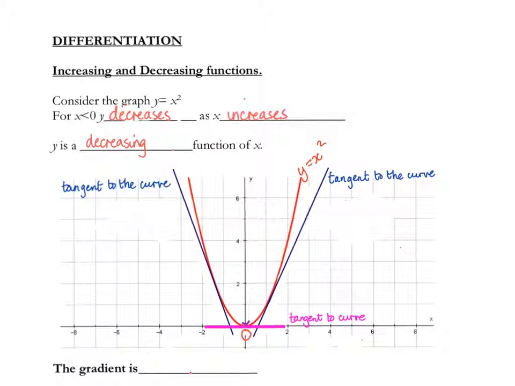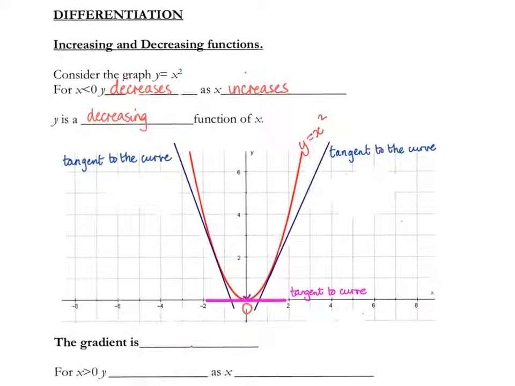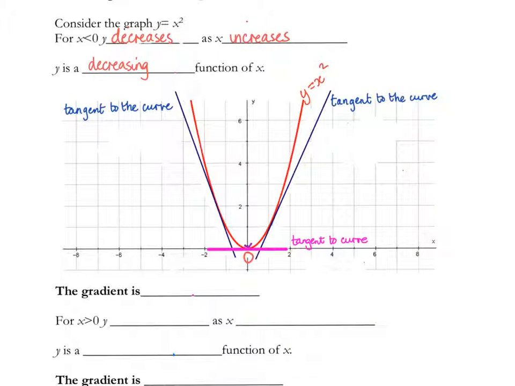Now if we look at the tangent to the curve at the left hand side here, we can see that this tangent to the curve actually has a negative gradient. That's what we've drawn in there. So a decreasing function actually has a negative gradient. So if we look at this part, the gradient is negative when we've got a decreasing function.